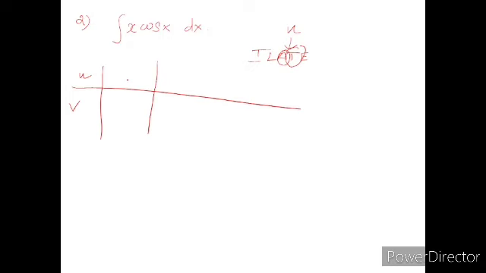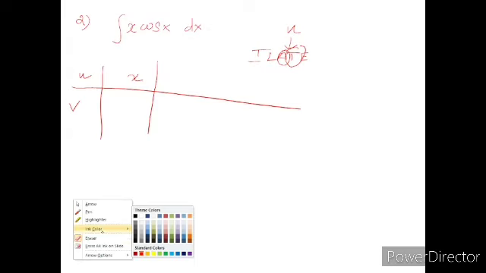Now let's go for some trigonometric functions. Second question, integral x cos x dx. Now ILATE. You have here trigonometric functions and arithmetic functions. So your u will get arithmetic function as a first prioritization. So uv, here I have x, and you should not write cos x here because you need v, not dv.